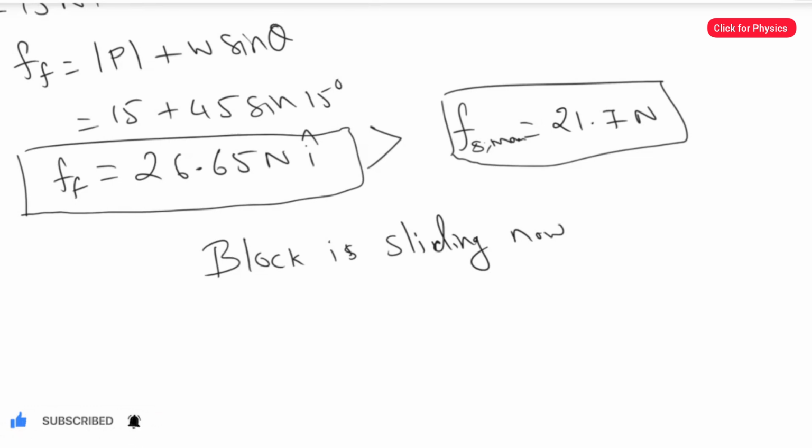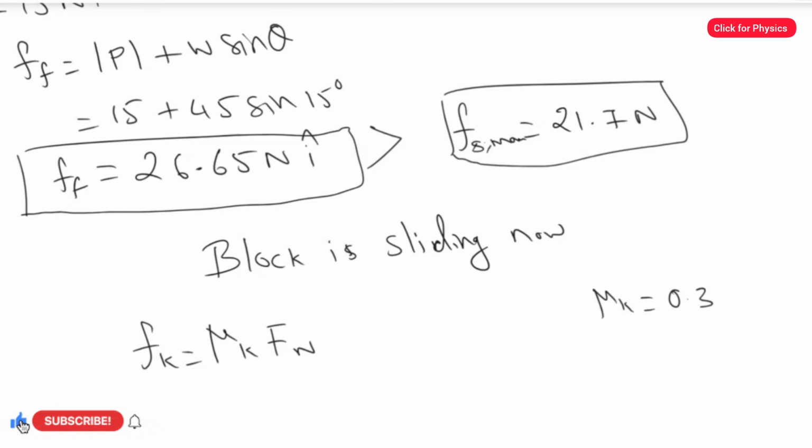Clear? So once the block slides, what do we have to do? We have to find the kinetic friction, because once the block starts to move, the static friction is converted to kinetic friction, right? So the formula for the kinetic friction is Fk equal to mu k multiplied by Fn, and mu k value they already gave in the question as 0.34. And what's the value of Fn?